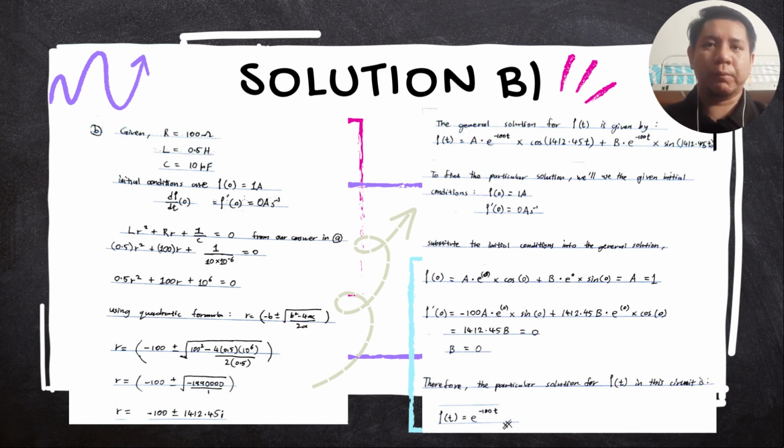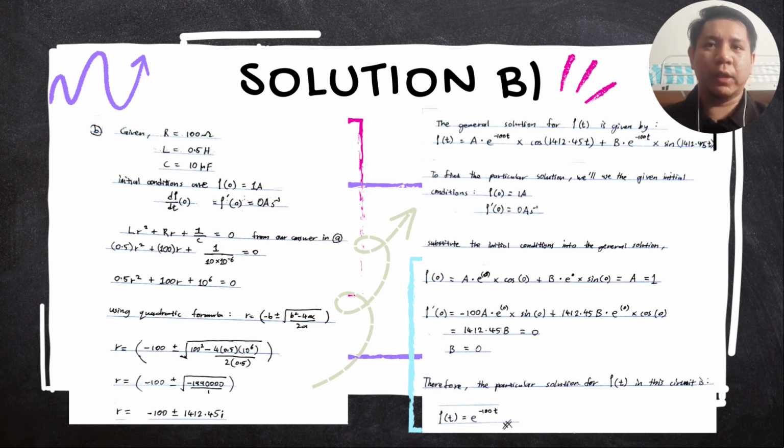Putting that into the calculator, we get an imaginary number, which is r equals negative 100 plus minus 1412.45 i.